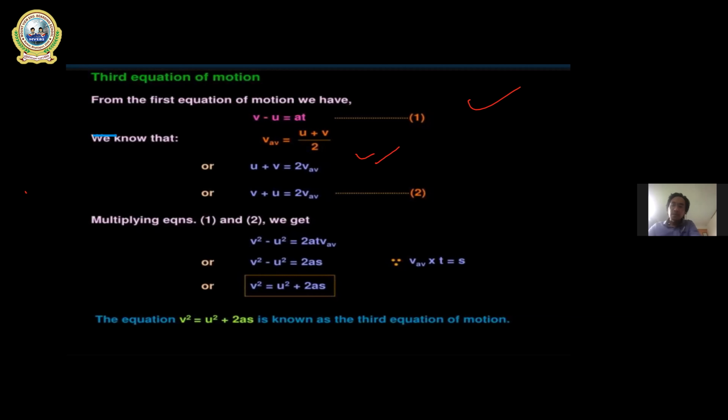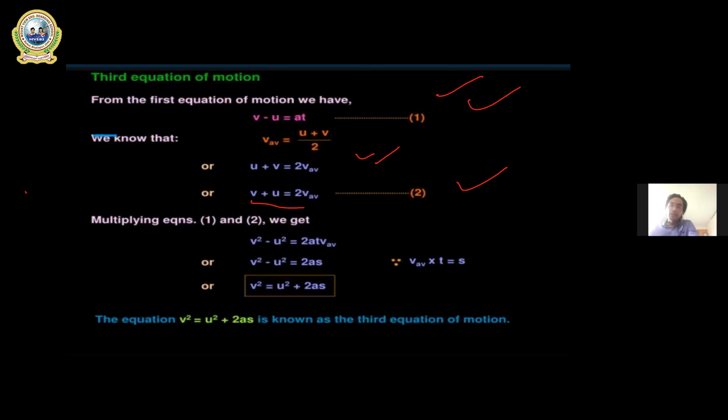That means finally you can get v plus u equal to 2 average velocity. So from the first equation of motion, we have v minus u equal at, and from the average velocity, you have v plus u equal to 2VAB.